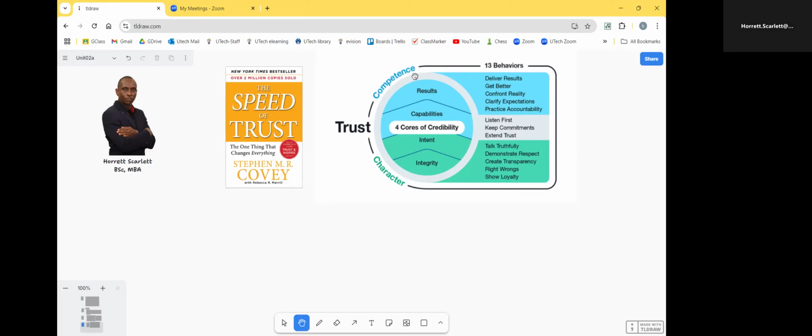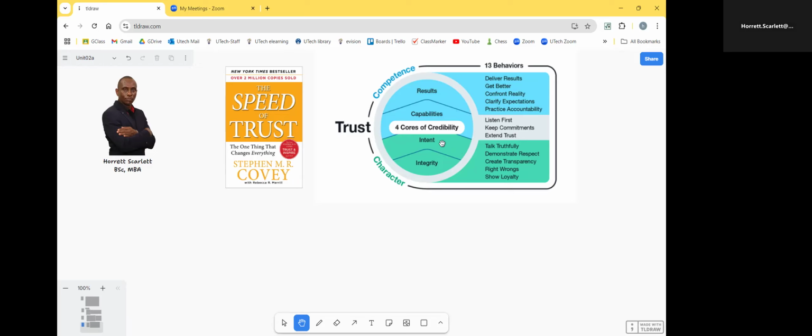Whereas character is speaking about who we are. Can we be trusted? So whenever we look at these two prongs, these two pillars, character and competence, we can break it down to these discrete elements.